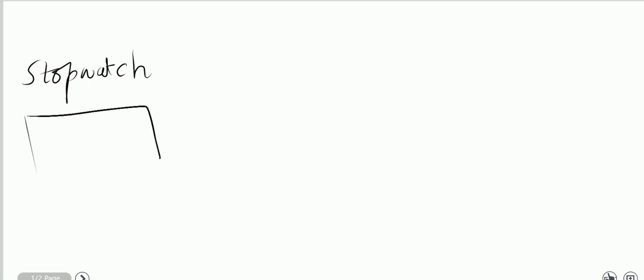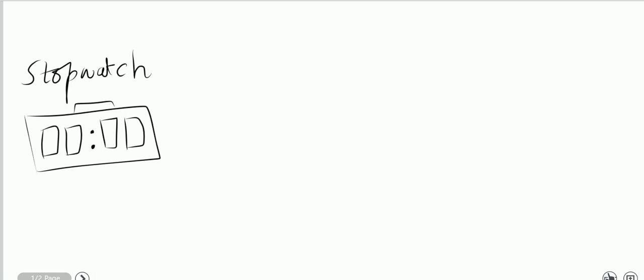Actually my drawing is quite horrible. This is a stopwatch. You can start it and it will start counting the seconds.